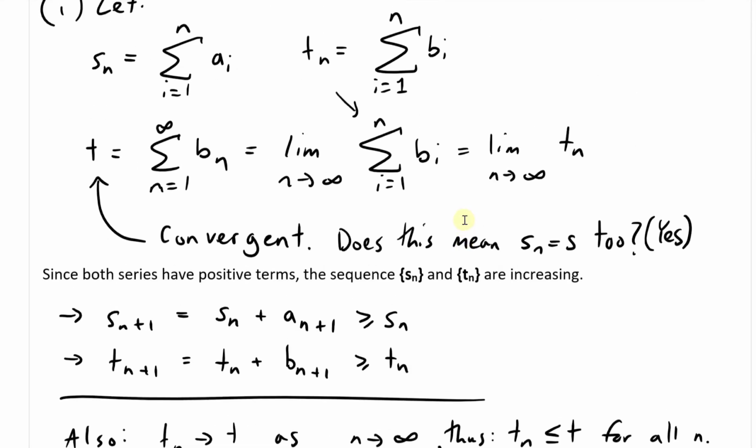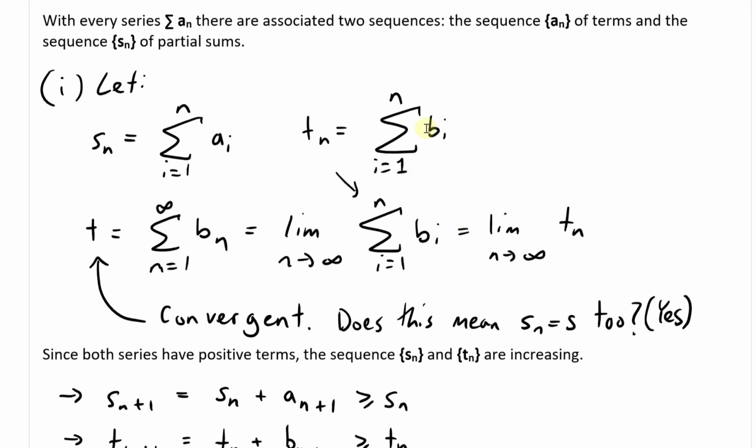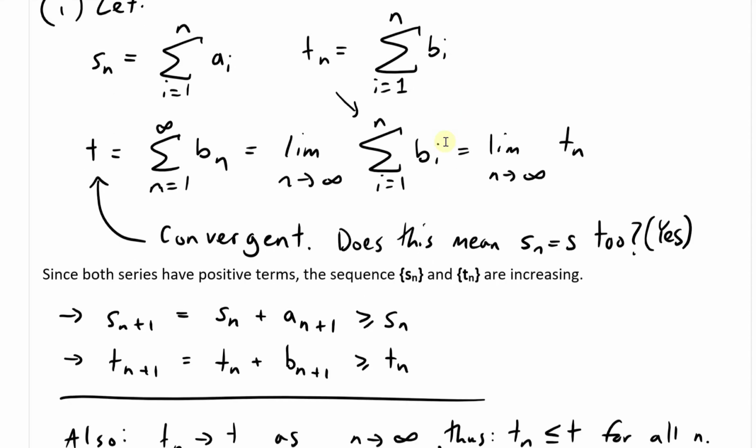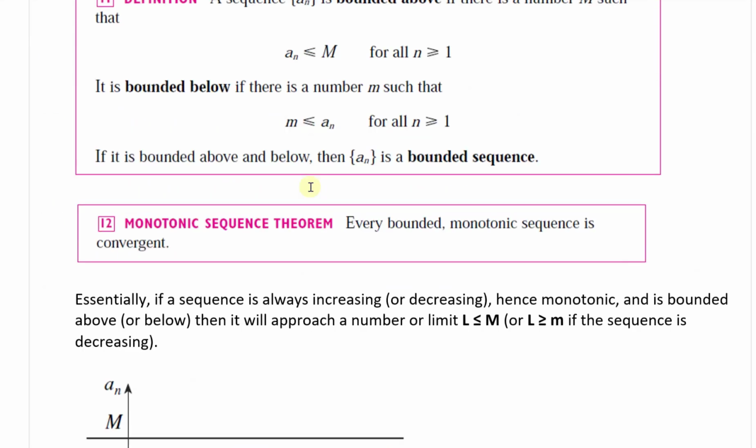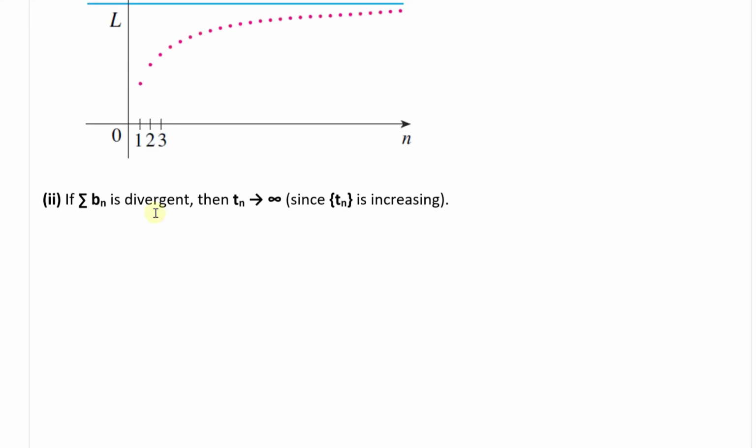So recall this one right here, Tn equals the summation from i equals 1 to n of B sub i. Now, if this is divergent, it's not going to equal t, it's going to go to infinity. So if the series Bn is divergent, then Tn approaches infinity, and not t, since Tn is increasing.